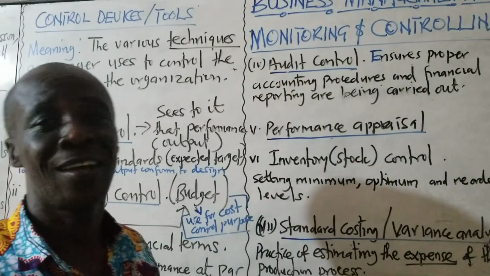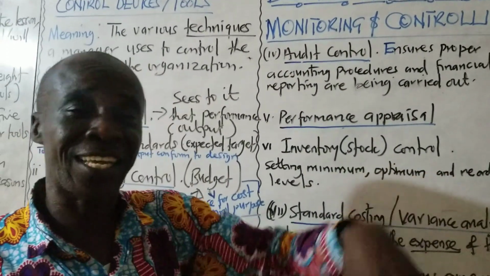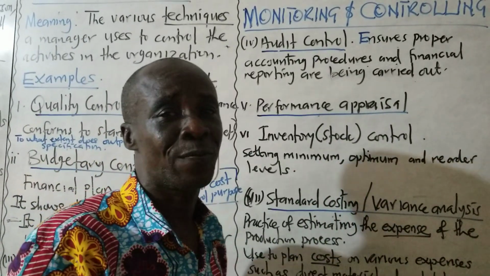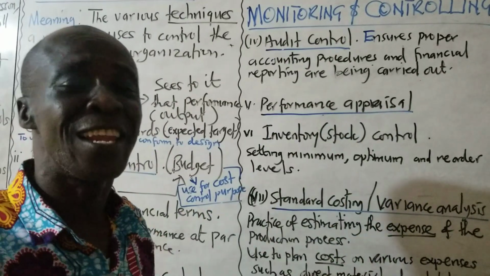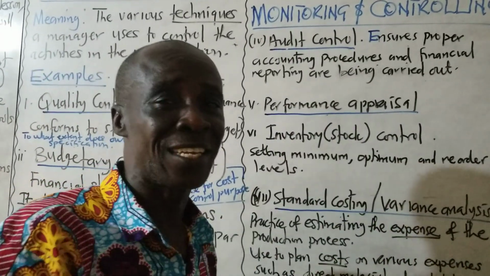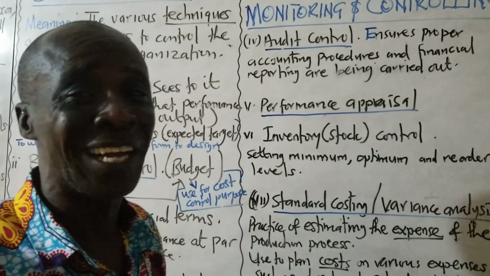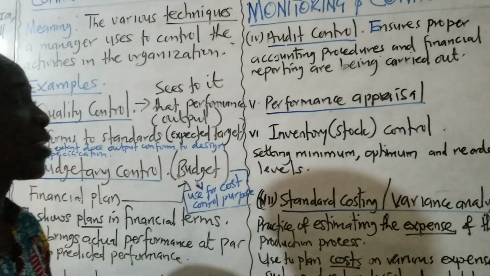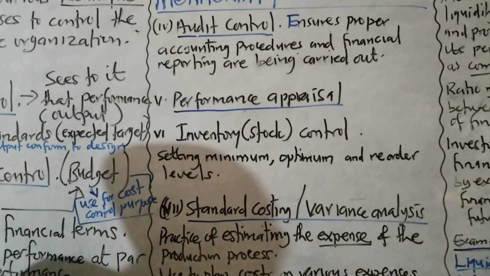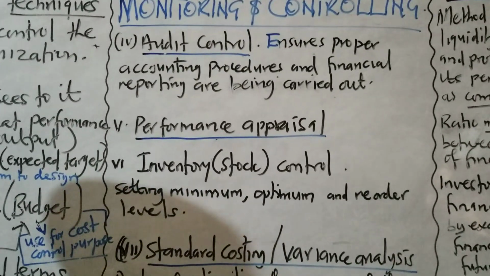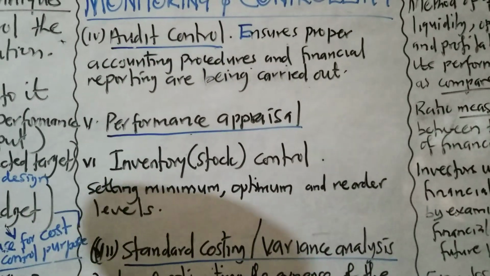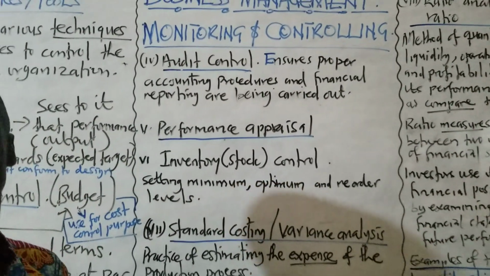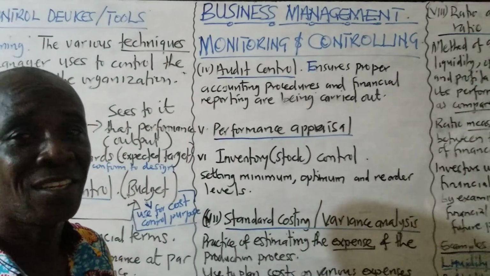So if the auditor, whether the internal auditor or the external auditor, finds out that the accountant is deviating from the course of action, then the necessary corrective measures will be taken so that you'll be able to achieve the organizational objective. So that is audit control. It ensures that proper accounting procedures and financial reporting are being carried out. And if he detects deviation, then the accountant will be questioned as to why that deviation, and then the right thing will be done.